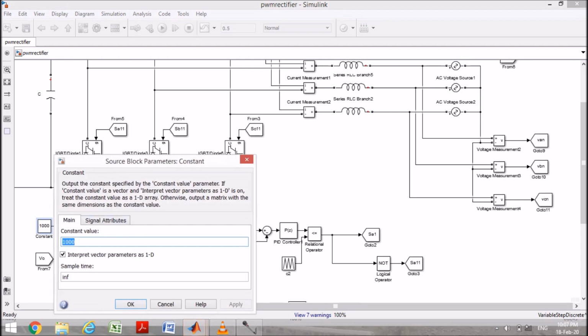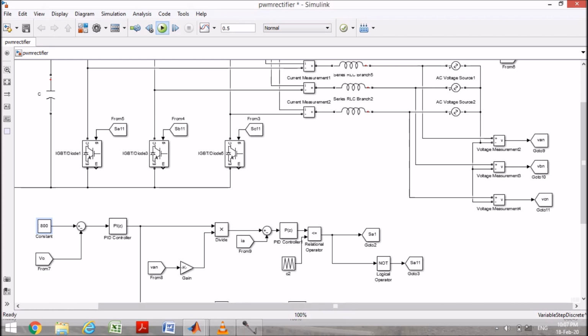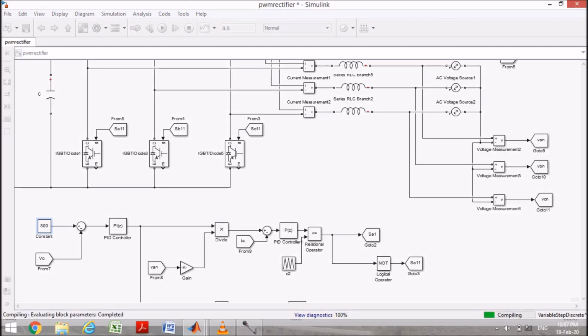That means if you want to get some 800 volts, let us run again. We should get 800 volts in the output.